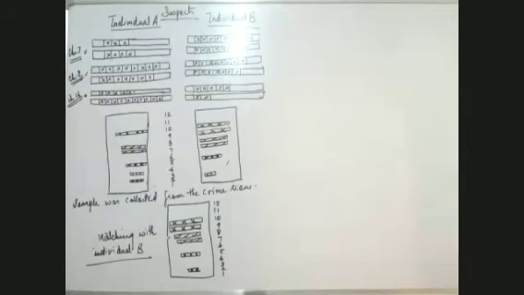Is it matching with individual A or individual B? Yes, it is matching with individual B. Paras is saying, and Sukhsahaj is also saying, it is matching with individual B.